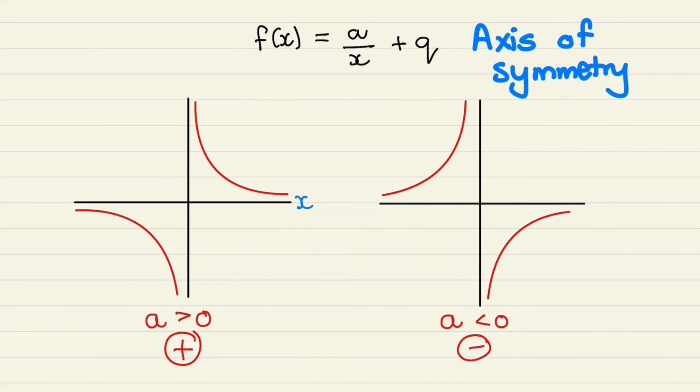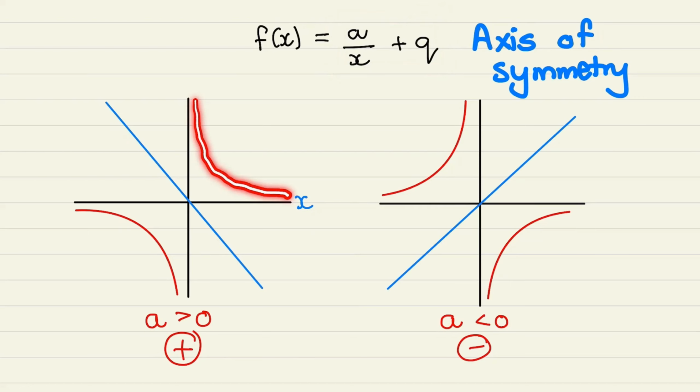Let us discuss the axis of symmetry for the hyperbolic function. Now this function has 2 possible axes of symmetry. An axis of symmetry is when I take the curve in quadrant 1 and fold it over a line.